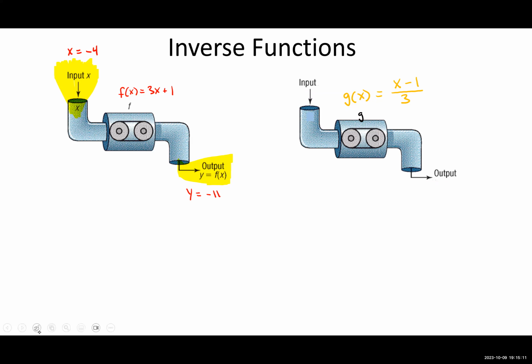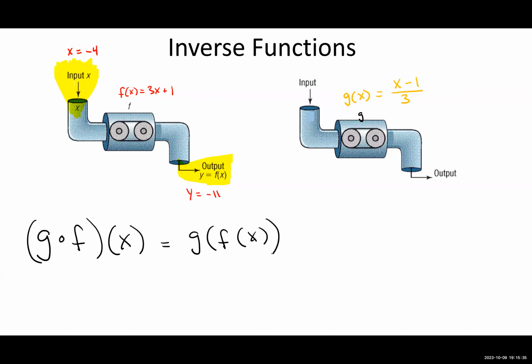Well, let's take something from the previous video. Let's do g of f of x. Let's compose them. I'm doing the f function first because we've already done that one, so f is going to be the inside function. So that's g of f of x.